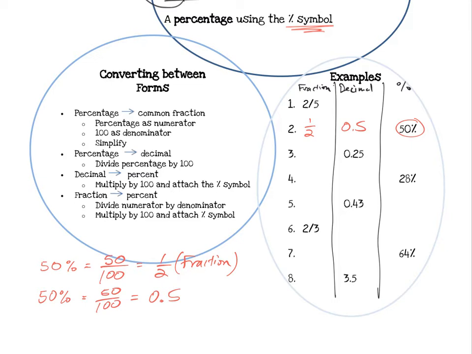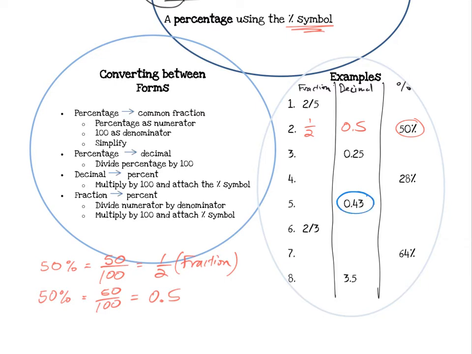All right, if you want to change a decimal into a percent, you have to multiply the decimal by 100 and then attach the percent symbol. So let's find a decimal here. Let's do this one, 0.43.